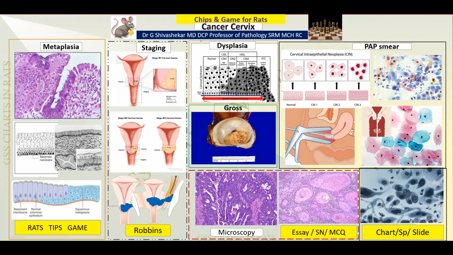The topic for the chart of the day is cancer cervix. Though I have labeled it as cancer cervix, you people should be wondering why so many subheadings are there facing us. So, I would like you people to kindly go through each one of them and pay enough attention, because each one can be a question on its own.